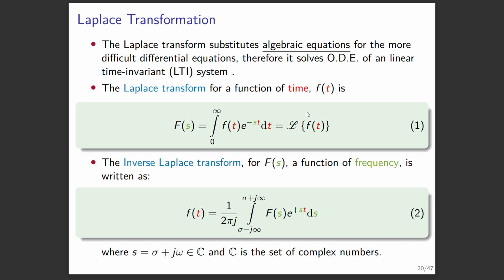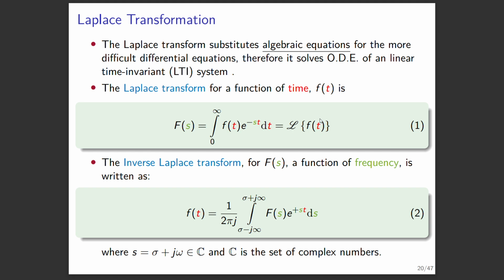So what Laplace transformation receives is a function of time, and what Laplace transformation creates is a function of frequency. So it receives a function of time and it spits out a function of frequency. The convention is to show the output of Laplace transformation with capital letters.